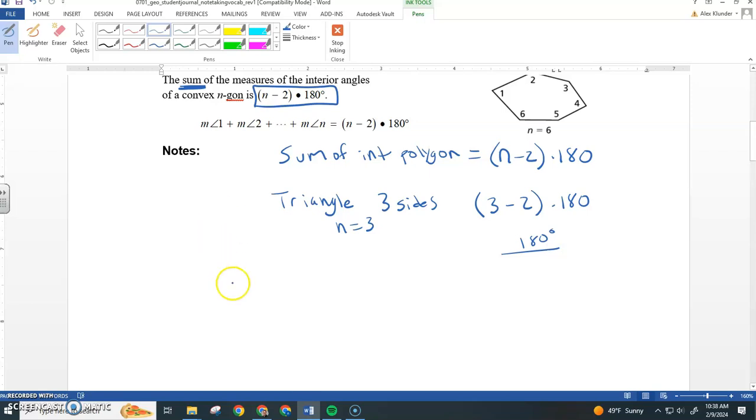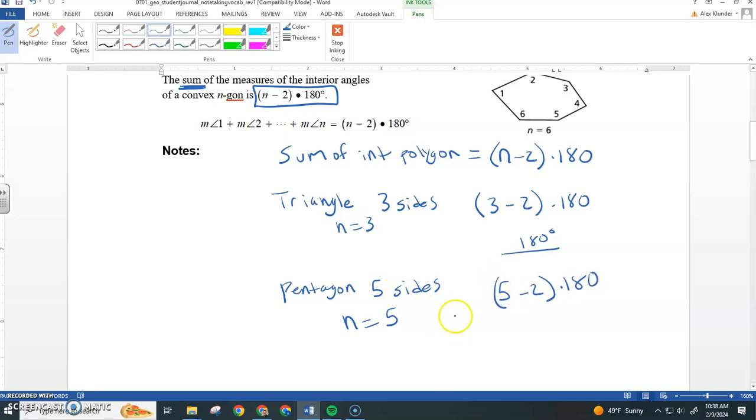I can do the same thing with a quadrilateral, but hey, let's just try a pentagon. Let's show you something a little bit different. We know a pentagon has 5 sides, therefore n equals 5. So I plug that in. 5 minus 2 times 180.